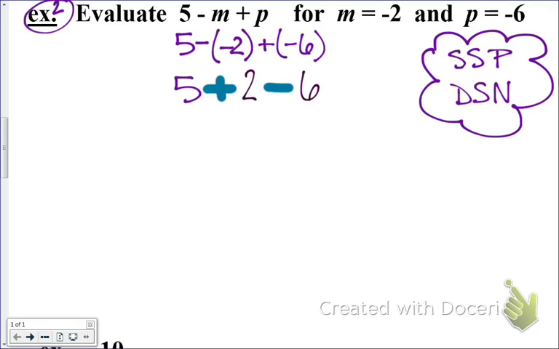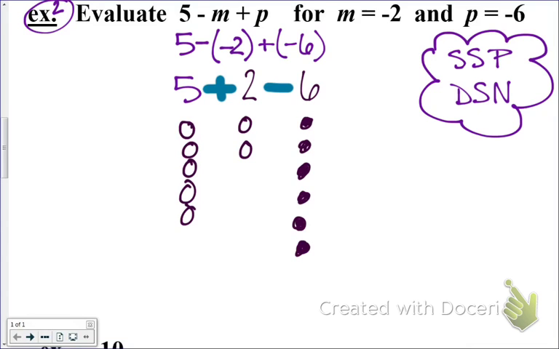Now let's recall those circles. You've got 5 positives, so I'm going to represent 5 positives plus 2 positives, and then 6 negatives. Every positive goes away with a negative, because that creates a 0. We call them 0 pairs.